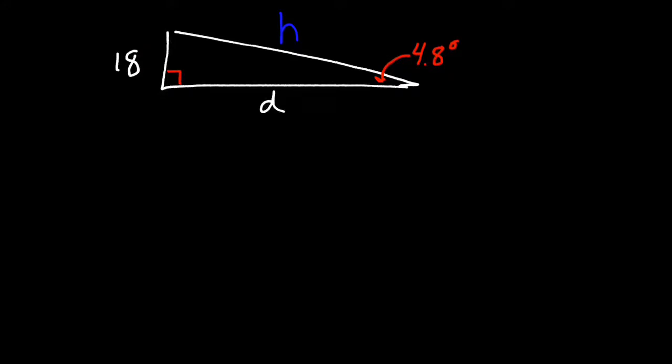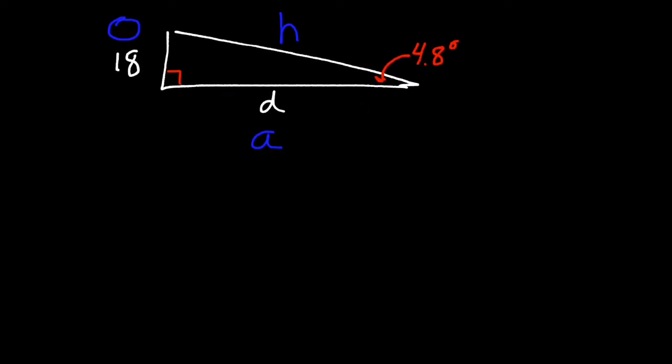So this must be our opposite side, and D must be the adjacent side. So we don't know anything about the hypotenuse, but I know that the opposite side is 18 and the adjacent side is D. And my angle is 4.8 degrees.